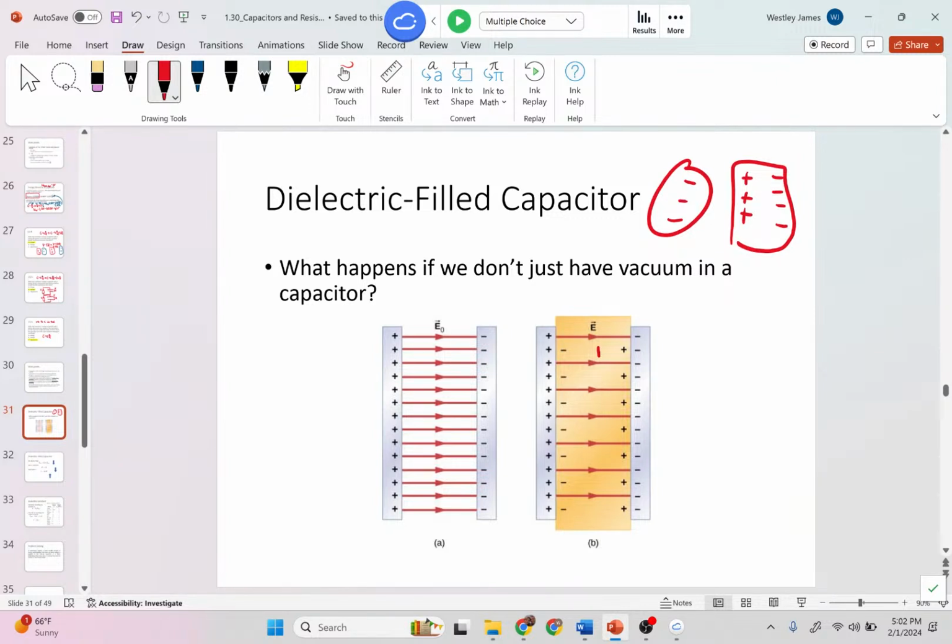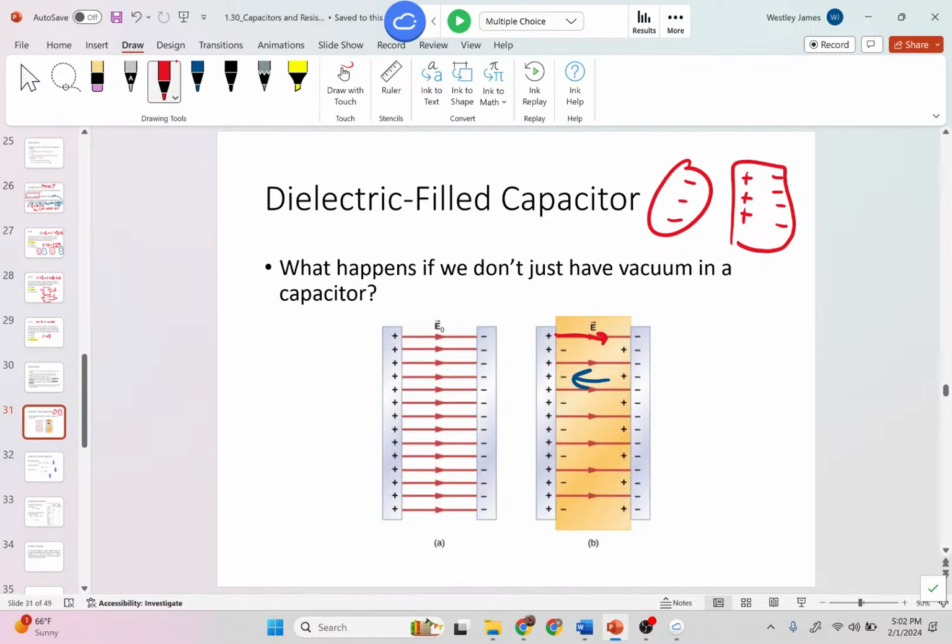Okay, why is this useful? By separating these charges, the electric field of the capacitor points left to right. But the electric field due to the dielectric inside points the other way. Remember, electric fields add, so that will actually make this red one a little bit smaller. And what does that mean? That means I can actually put more charge on it.